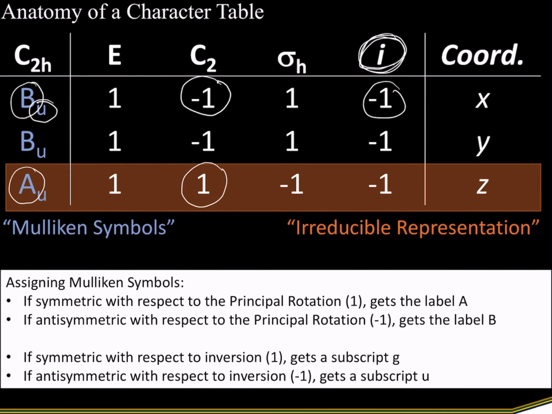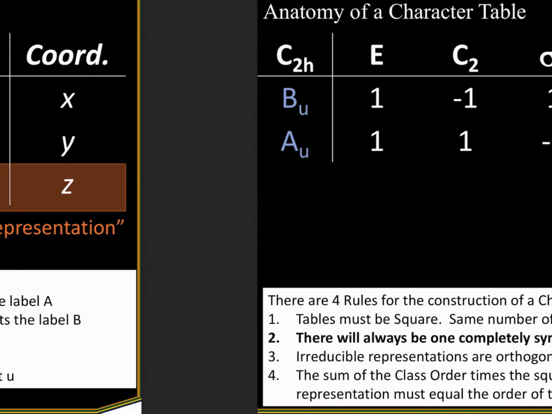So let's look at our next step. This is not the complete character table. You can look at the character table for C2h on your list, and you would see that there are 2 more rows. So how can we fill out this character table? How can we extend it and finish what we started and generate this full character table? Well, we need to understand some rules about the way this works.